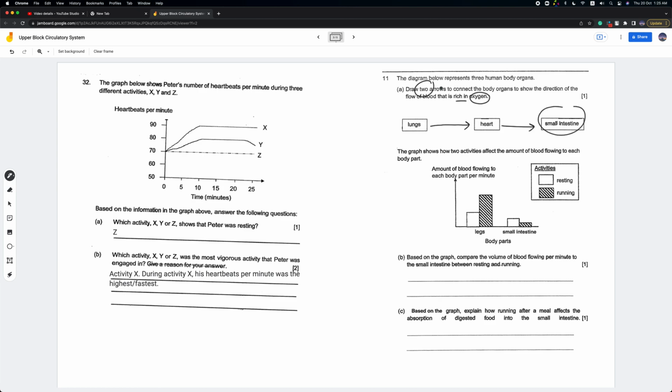So when the blood passes through the small intestine, digested food enters the bloodstream.